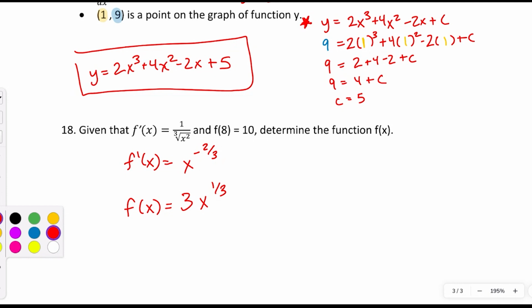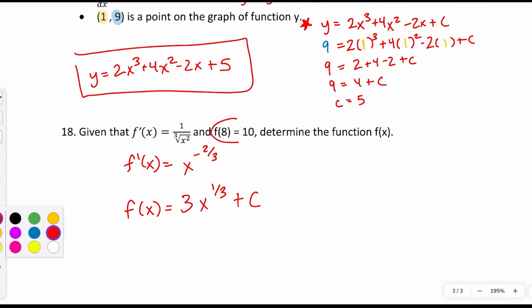And then plus c. Okay, so that's our antiderivative. I'm sorry, that's all of the antiderivatives. But let's find the particular one, the one where f of 8 is 10. In other words, if x is 8, y is 10.